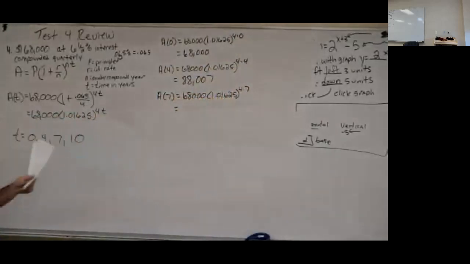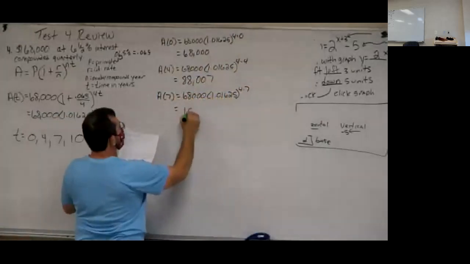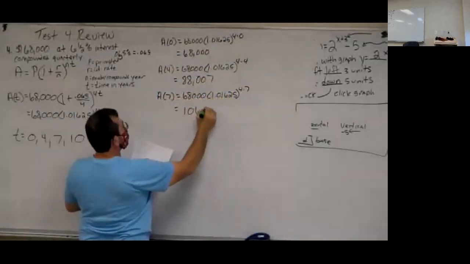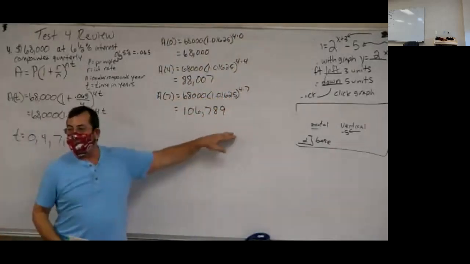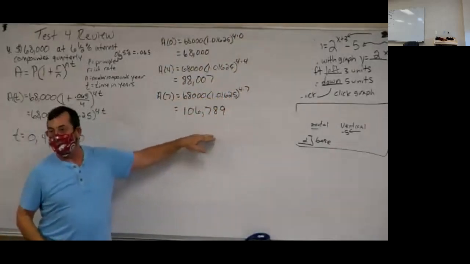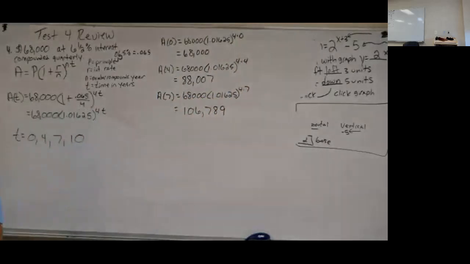Putting that in on my calculator, I ended up with 106,789. Now, some of these might have decimals. They're wanting me to round all these to the nearest dollar. So when you put in these answers, make sure you look down there and see that they want these in the nearest dollars. Some of these want them in the nearest cents, okay?